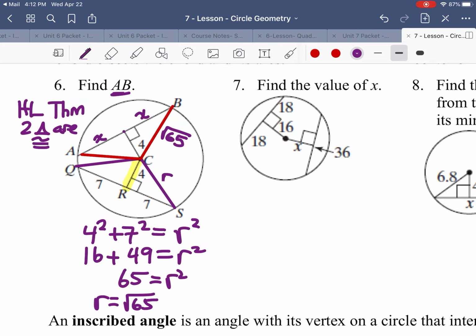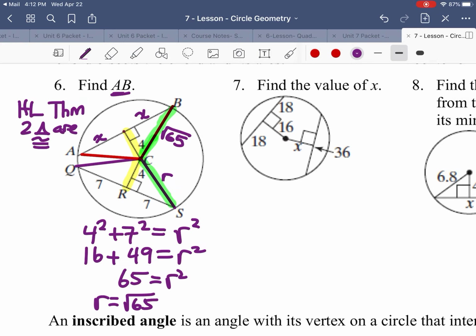All right, so I'll highlight again, but different color. So, well, the altitudes are the same. Those are legs. We just discovered that these hypotenuses are going to be the same.